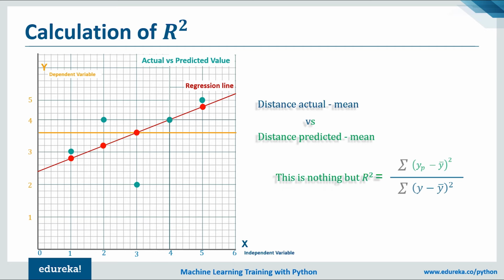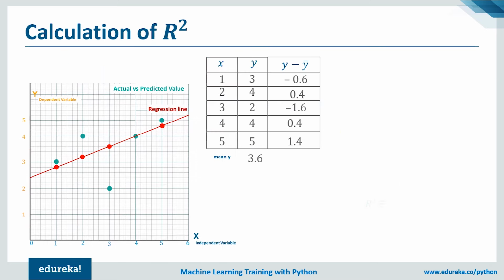That is nothing but 3.6. So remember, this is our formula. Next we'll calculate y minus y bar. We have y as 3, y bar as 3.6, so we calculate 3 minus 3.6, that is minus 0.6. Similarly, for y equal 4 and y bar equal 3.6, we have y minus y bar as 0.4. Then 2 minus 3.6 is minus 1.6, 4 minus 3.6 is again 0.4, and 5 minus 3.6 is 1.4.